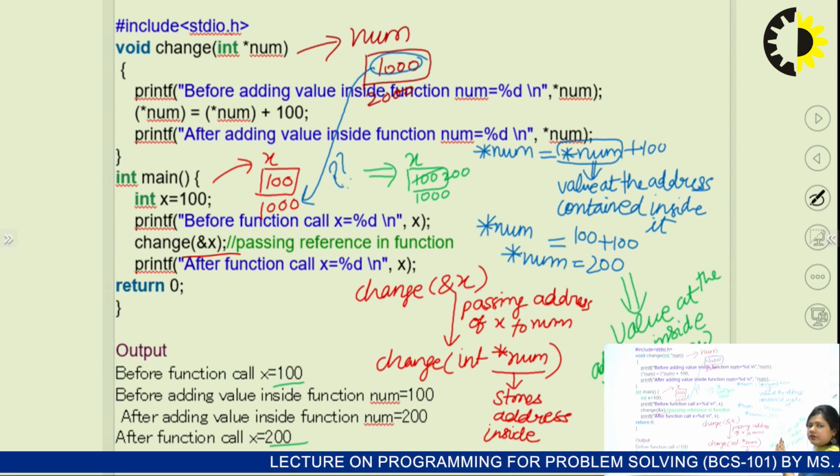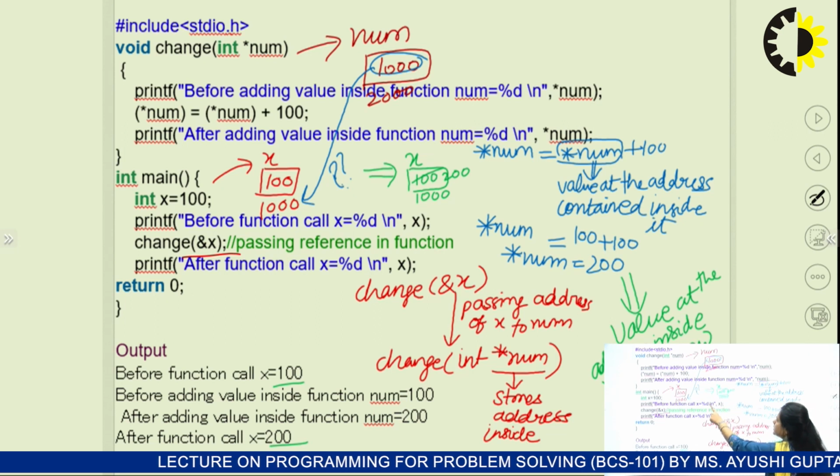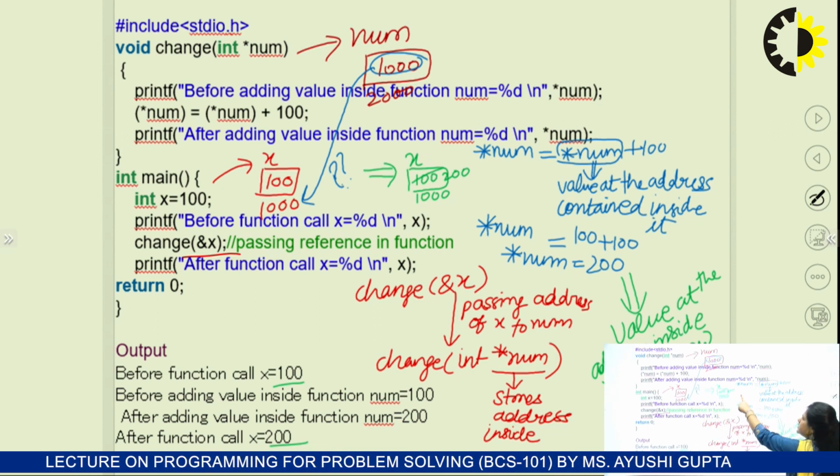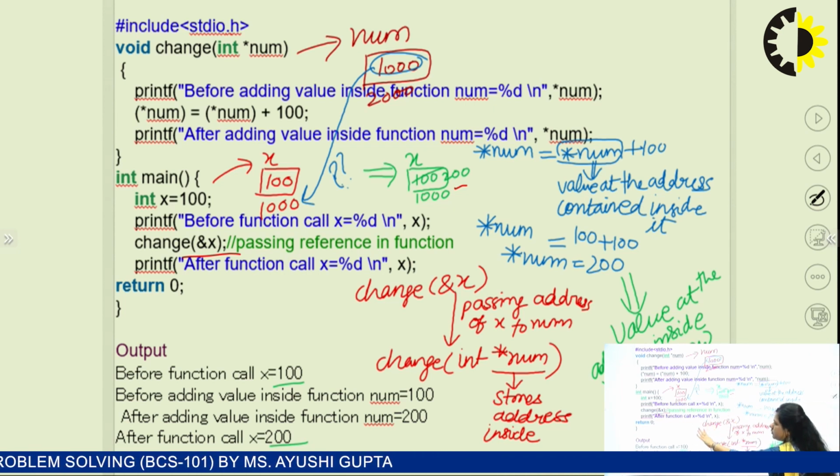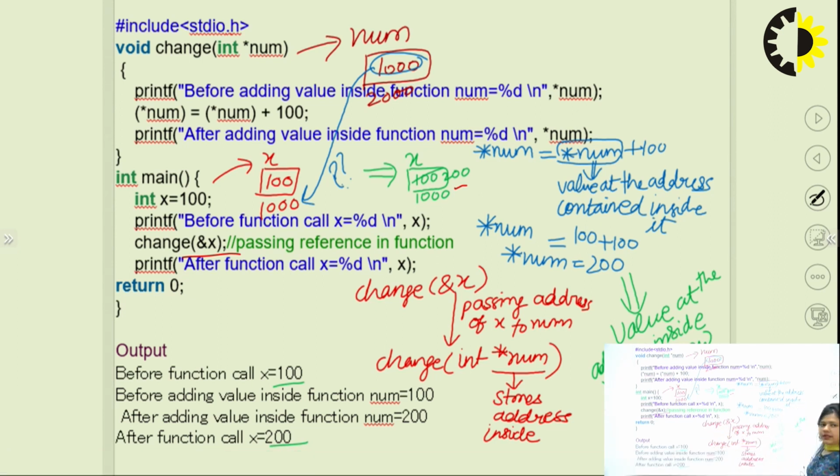Again, the value at the address inside it, so with this we reached x and it is now 200. Fine. After this we come back to the main function, and after the function call the message will be printed, and now the original value of x is changed, and 200 will be printed.